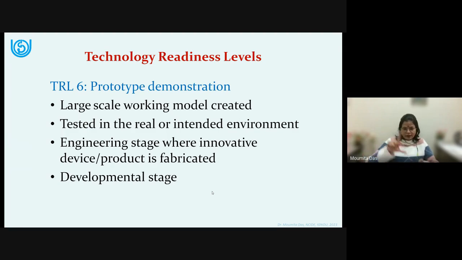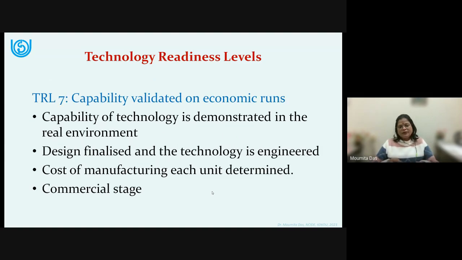So many things are there for that tea bag. So this is that stage when you fabricate that product and you demonstrate it in front of the public or your customers. This is still at the development stage. The TRL level, capability validated on economic runs.